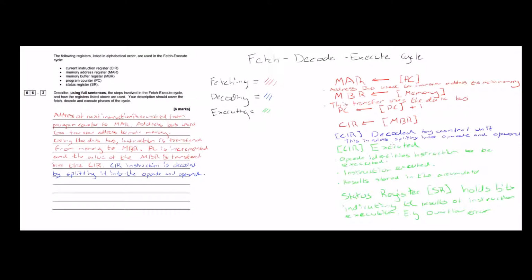Now we're moving on to our executing part of the cycle, and I wouldn't need to put all of these points to get the full 6 marks. But these are just to illustrate all the possible points that you could have. I would put in the one about the status register because it specifically mentions the status register up here, so it would be a good thing to add to make sure you get all the marks.